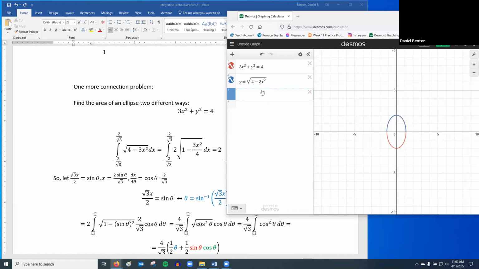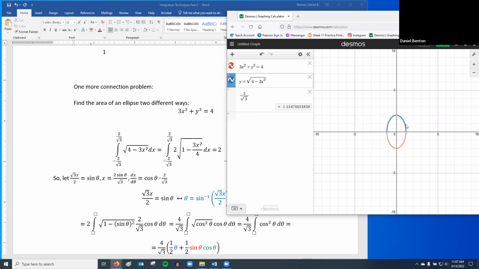Well, that's just if we solve for 4 minus 3x squared equals 0, what we get is 2 over the square root of 3, or negative 2 over the square root of 3. So those are the x bounds of this axis.